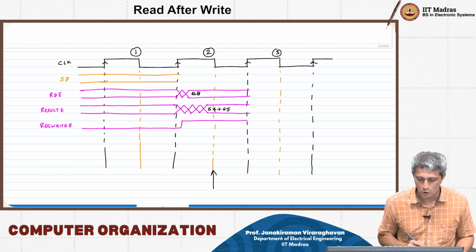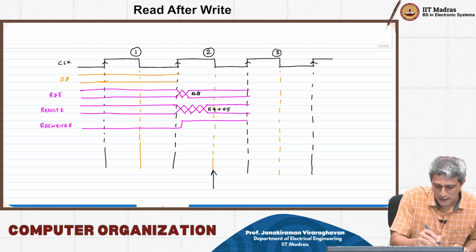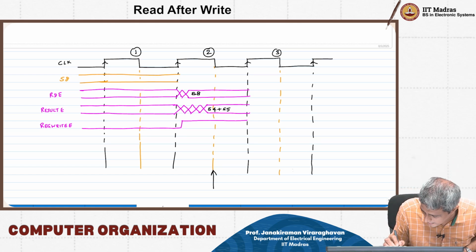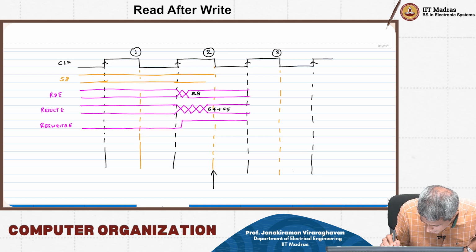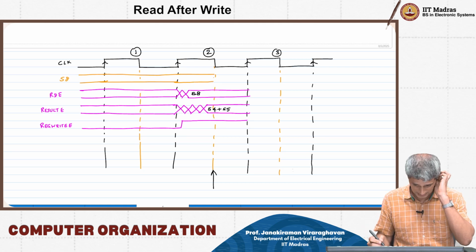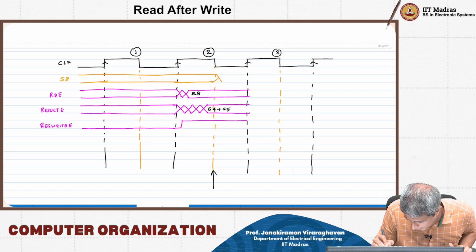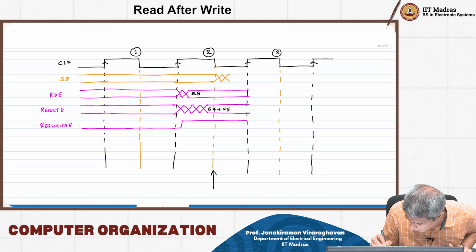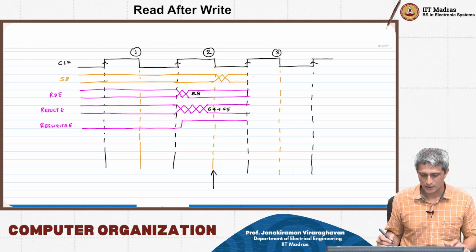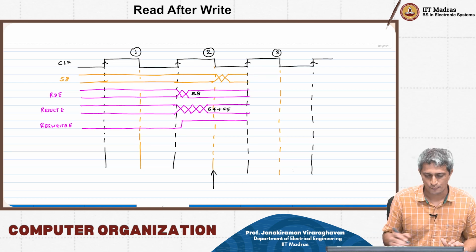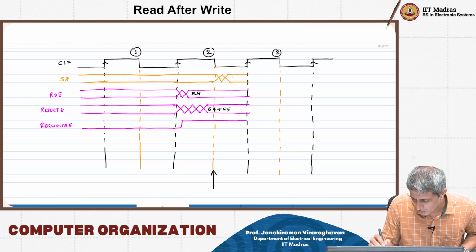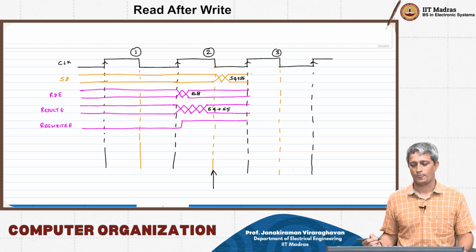So if you look at the contents of register S8 now, it will be garbage until this point, and then it will get reflected with the appropriate data that was in result E. And what is that value? That will be S4 plus S5, right?